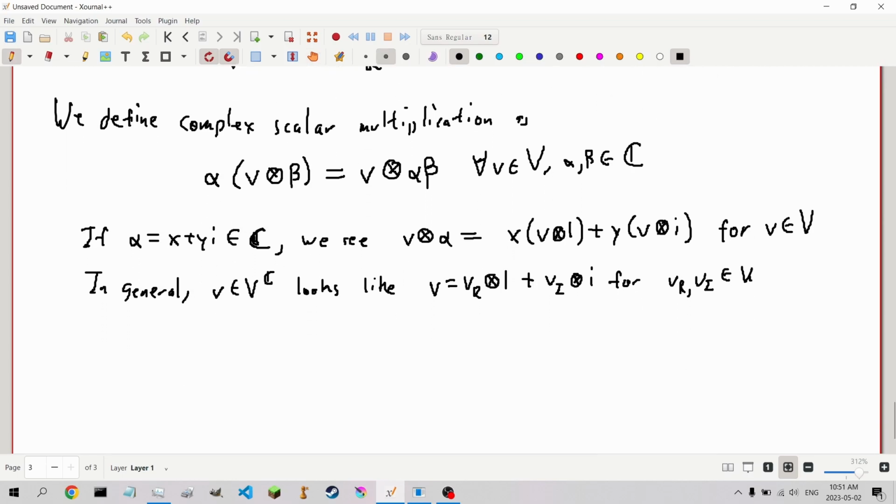And in this case, our product is just what you would expect, a plus ib, so v_R plus i v_I, which is how we're going to write this term here.